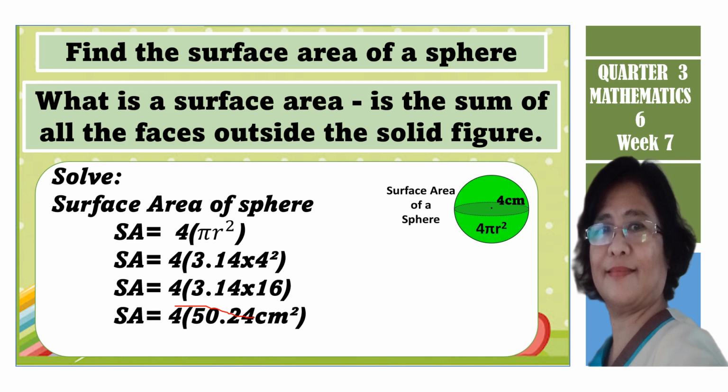And then, multiply 3.14 times 16, we have 50.24. And then multiply it with 4. Our answer is 200.96. So the surface area for this sphere is 200.96 centimeter square.